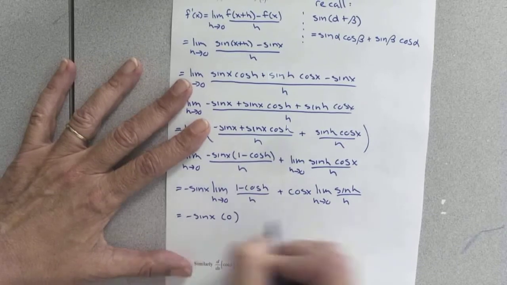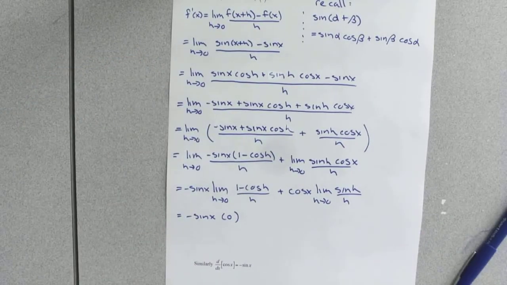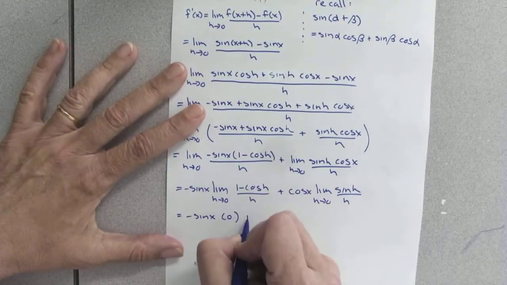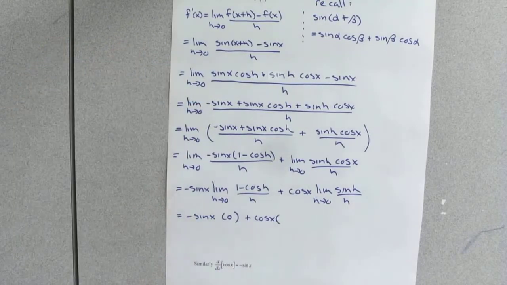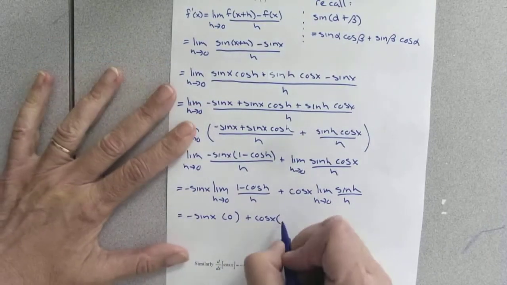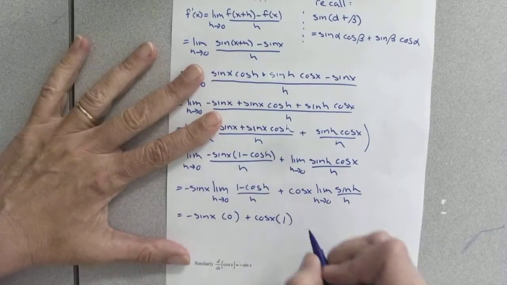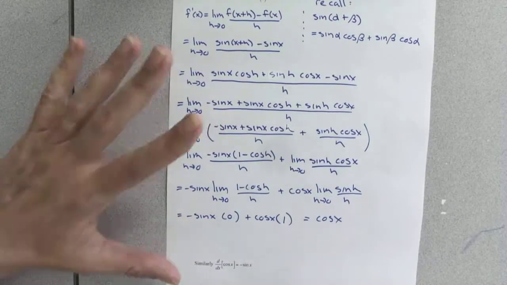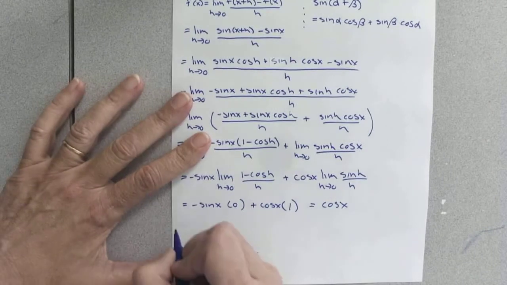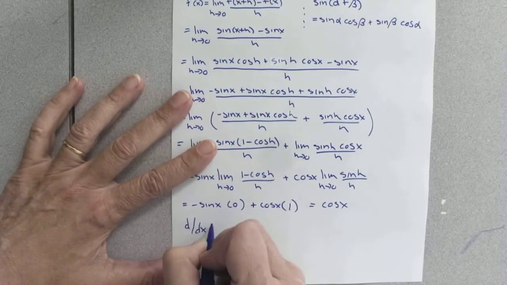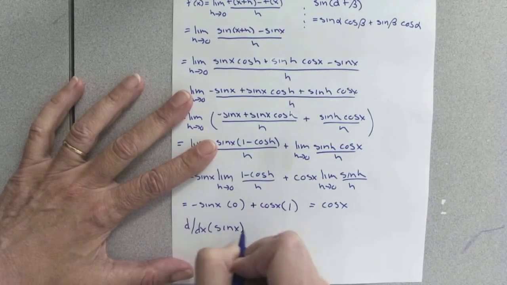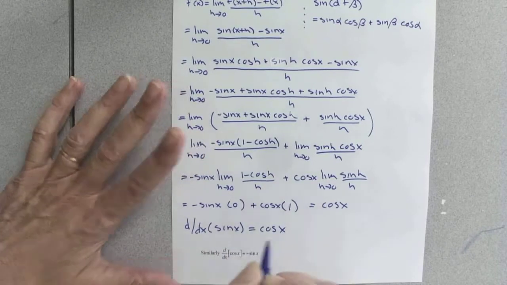And then once upon a time, we learned that the limit as h goes to 0 of 1 minus cosine h over h was 0. And we learned that the limit as h goes to 0 of sine h over h was 1. And so we get cosine x. And so what we just showed was the derivative of sine x is cosine x.